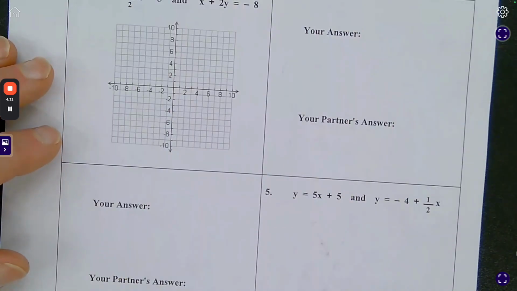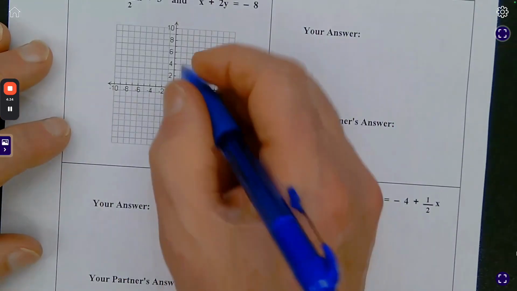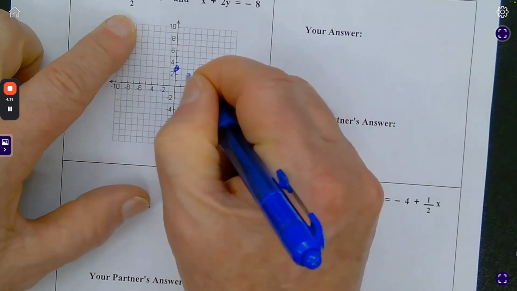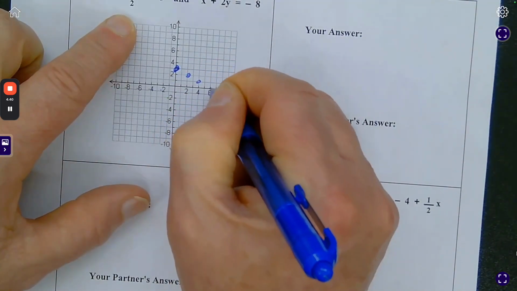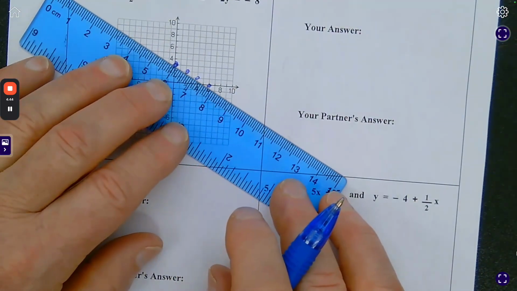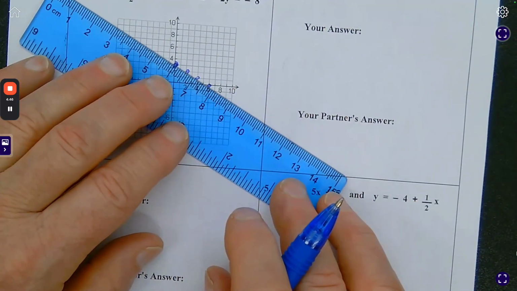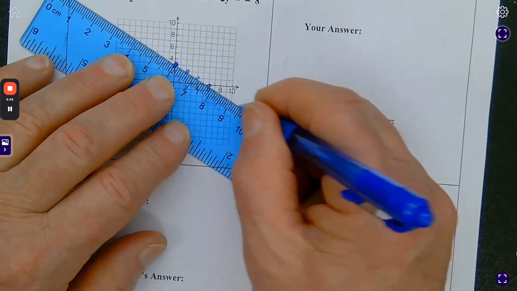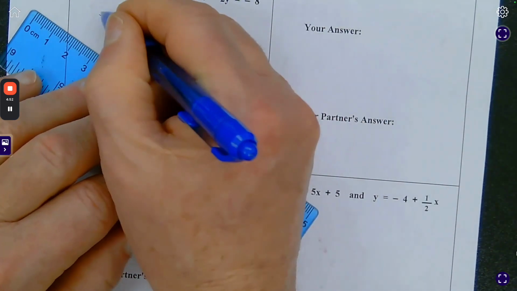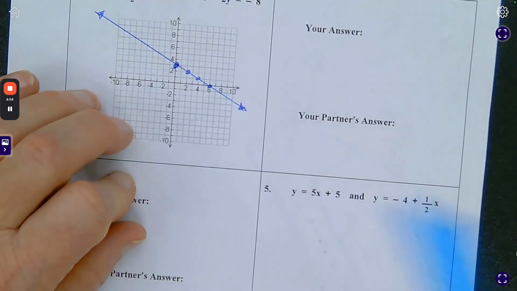Okay, ooh, we get to graph again. Y-intercept of 3. Slope of down 1 over 2. I like to do it a few times, get accurate. Go like this. And like that.